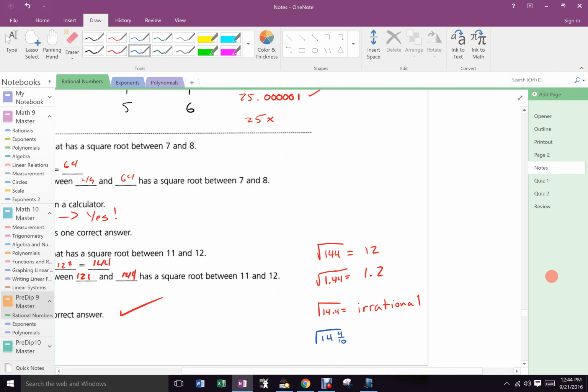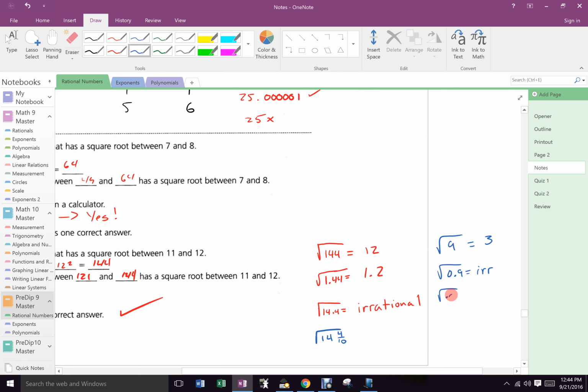All right. So now I'm going to go one further and see if you can pick up what I am putting down. Square root of 9. 3. Excellent. Square root of 0.9. Irrational.